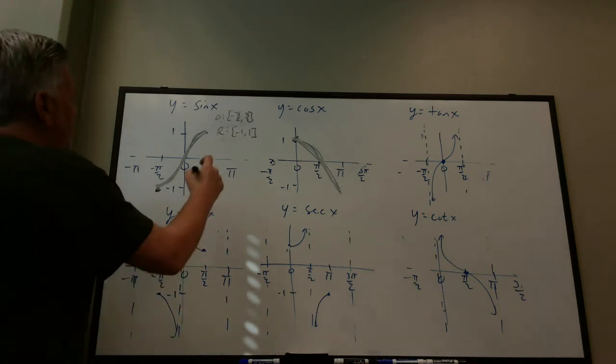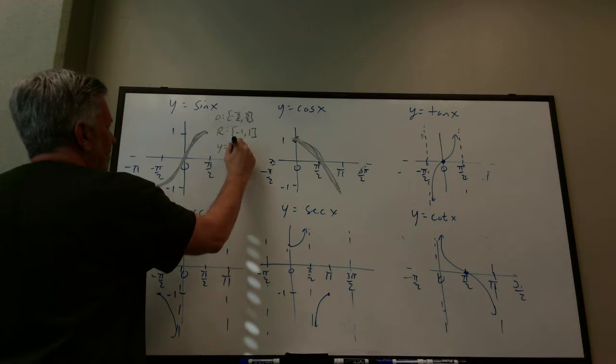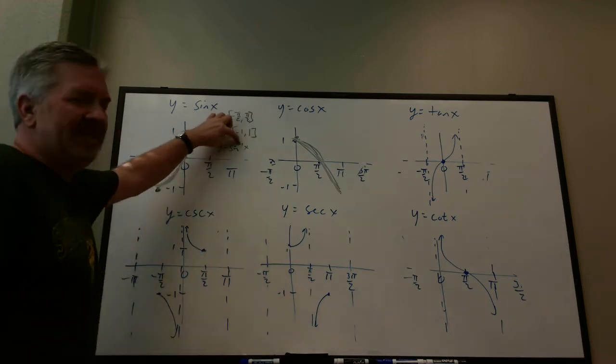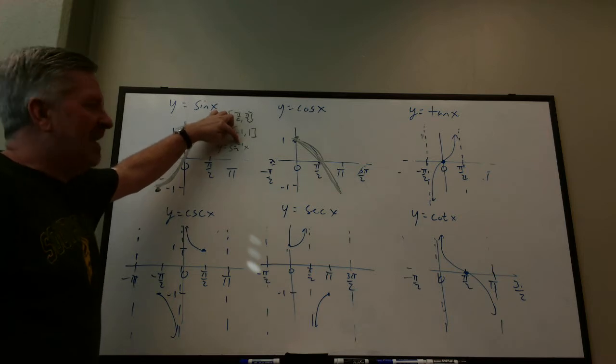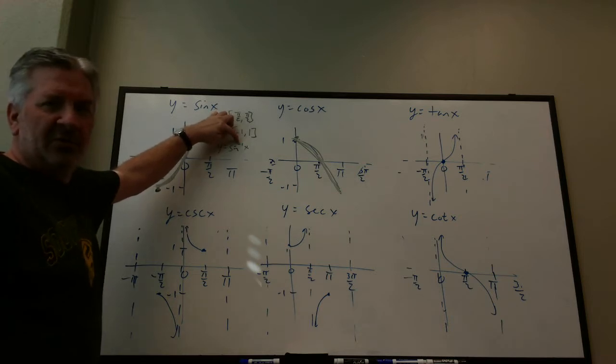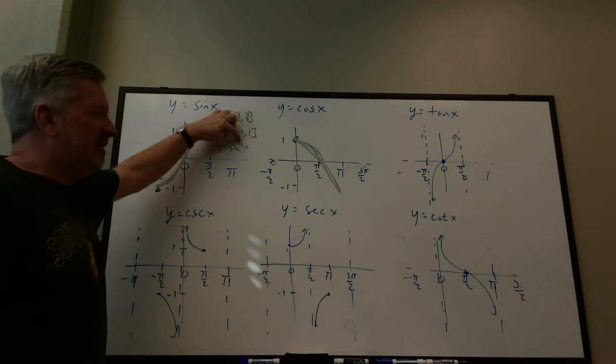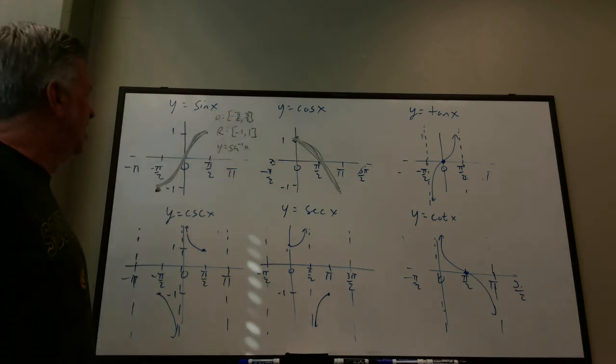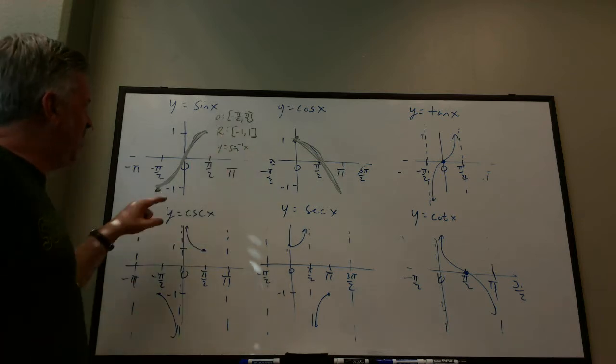So notice when we do sine inverse, and we write it this way, y is sine to the -1 of x. Again, that does not mean reciprocal. We have a name for 1 over sine, that's called cosecant x. So this is the inverse. Remember, f to the -1 meant inverse function. It didn't mean reciprocal. So remember, the domain and the ranges switch. So what are we going to do?